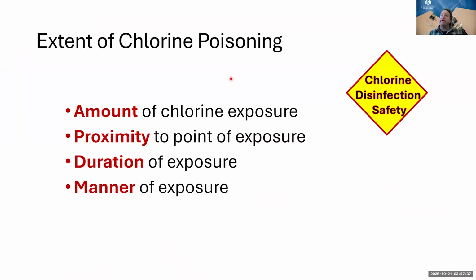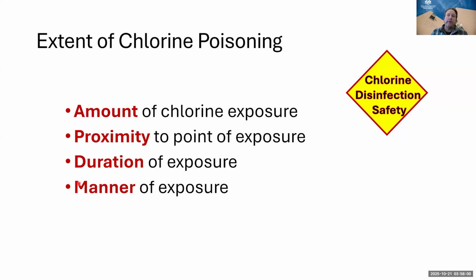So the extent of chlorine poisoning really depends on the amount of chlorine exposure. So were you exposed to a little or a lot? How close were you to where the chlorine was released, to that point of release? How long were you exposed to that chlorine?